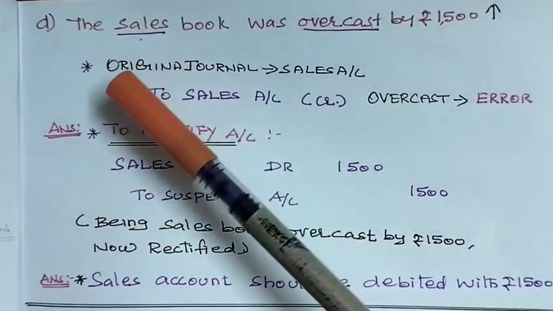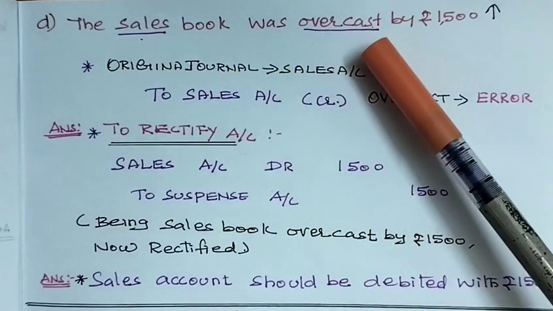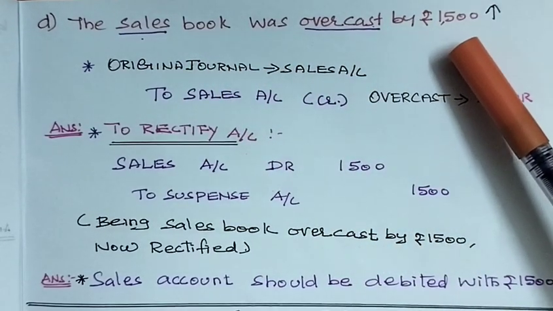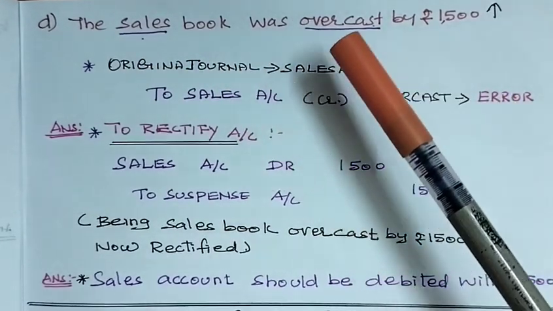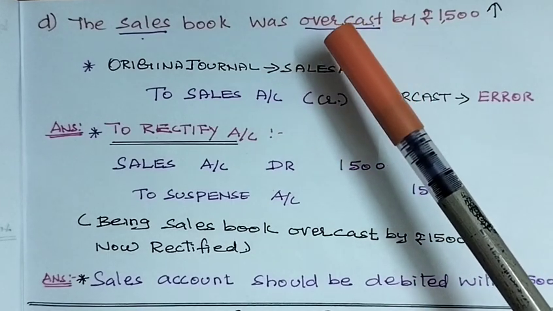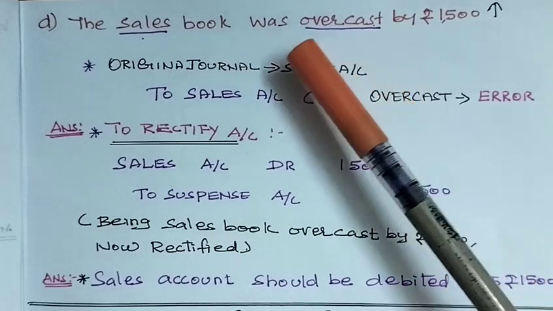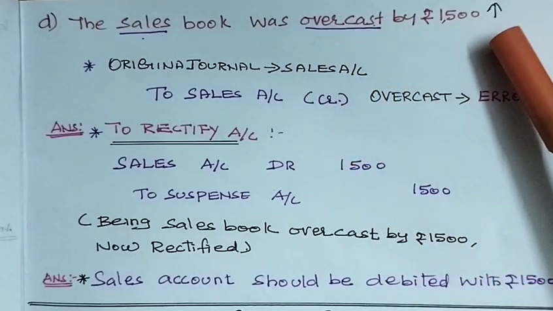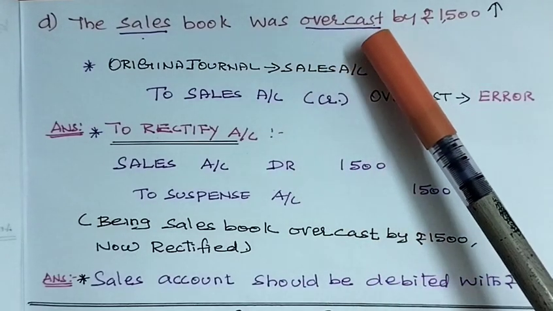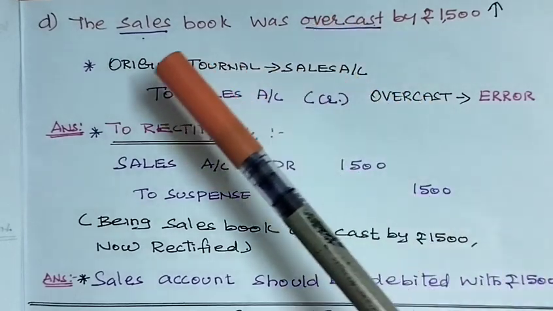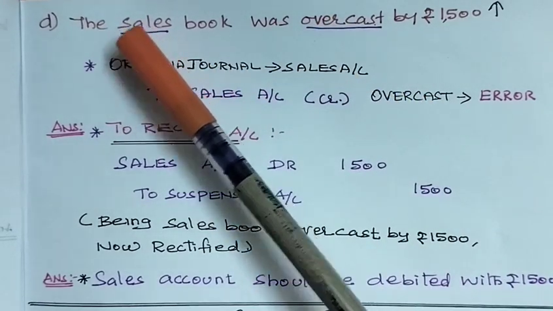The next transaction is sales book was overcost by 1500 rupees. So whenever you see overcost, more, excess, like these words in the transaction, you have to follow the opposite journal entry. What is the original journal entry for sales book?